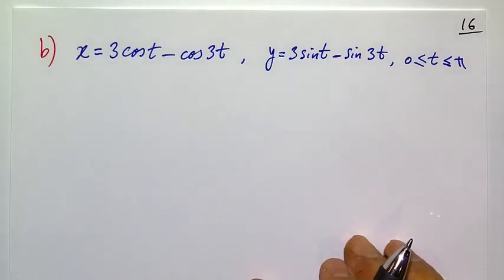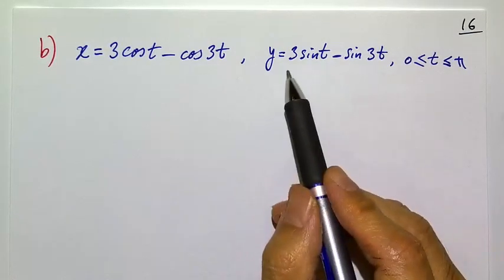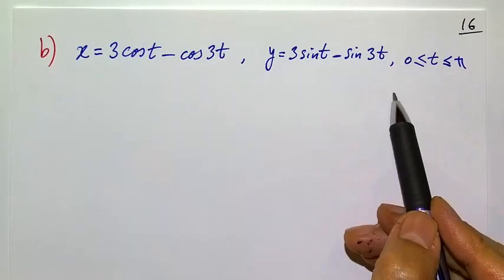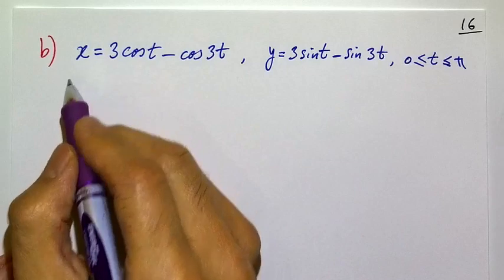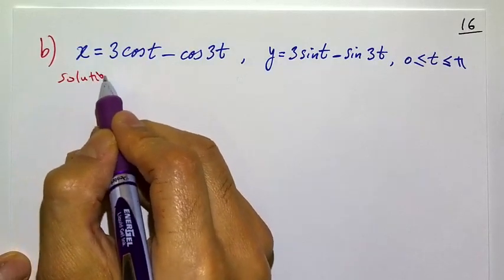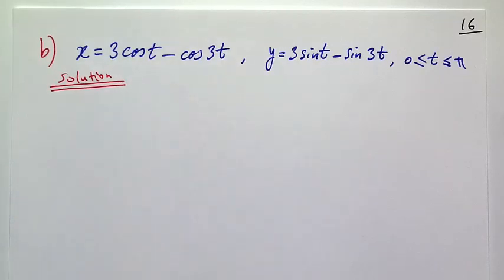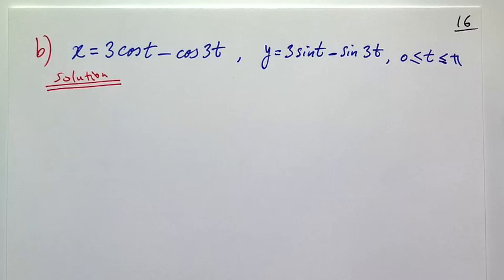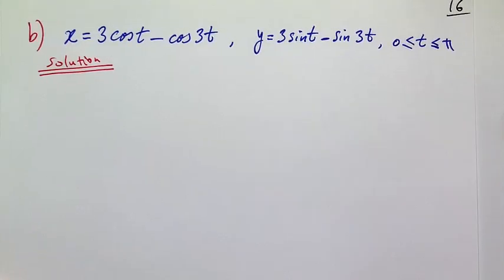So we have these parametric equations, and we want to find the arc length given that t, our parameter, varies from 0 to pi. Okay? Well, the first thing to do is just find dx dt and then dy dt. Since you've already seen one example, it would be a good idea for you to pause the video, please, and complete this solution on your own, and then return to this to see how we're doing. Are we agreeing or not? Okay, so I'll begin with dx dt.